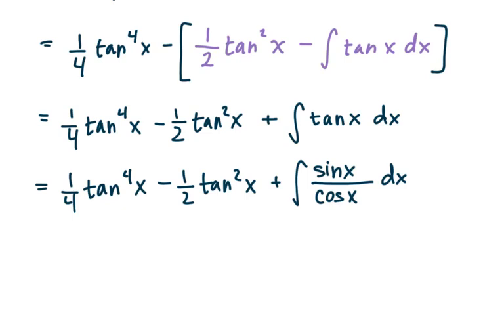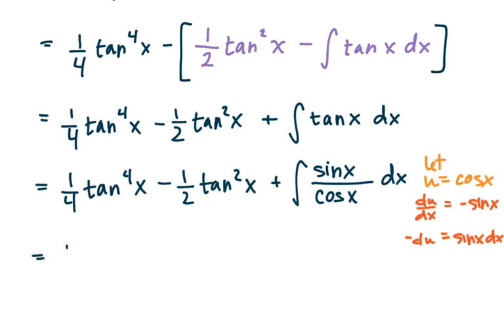I will let u be the value in the denominator. So if I let u equal cosine x, then the derivative of u with respect to x is negative sine x, or rather negative du equals sine x dx.